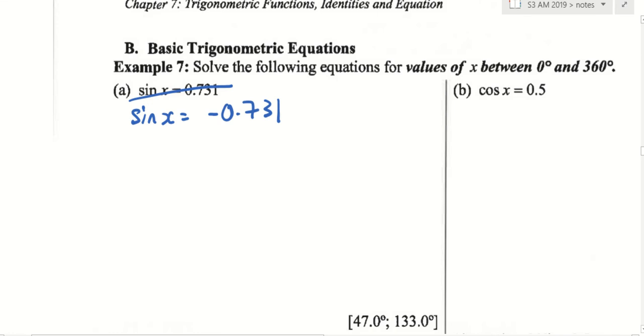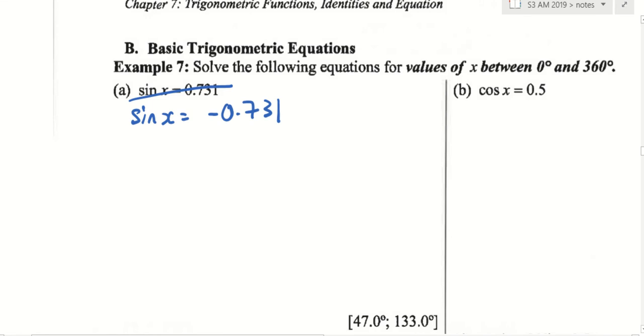Now, wrong. Always use reference angle, not principal value. Which quadrant? No, I changed the question. Which quadrant? You must ignore the negative sign. No, the answer will be entirely different.